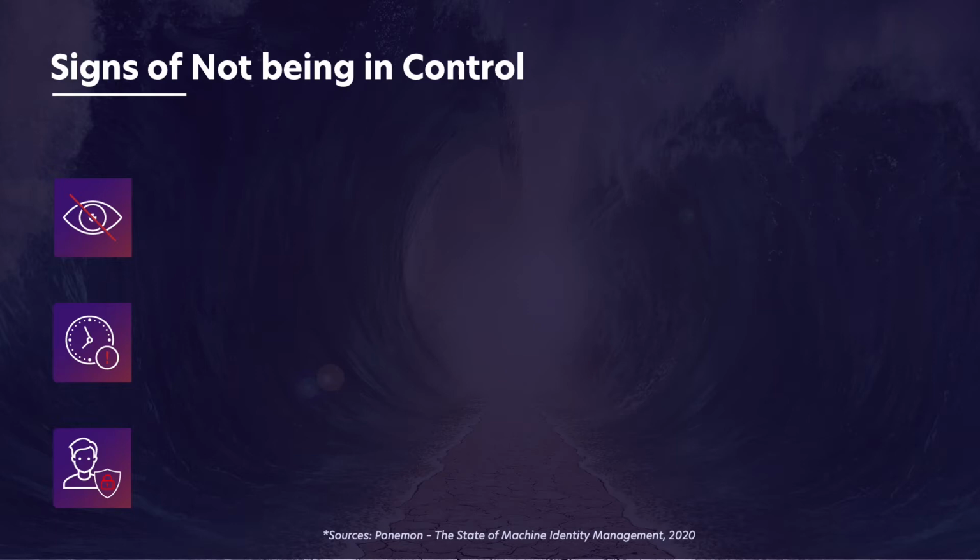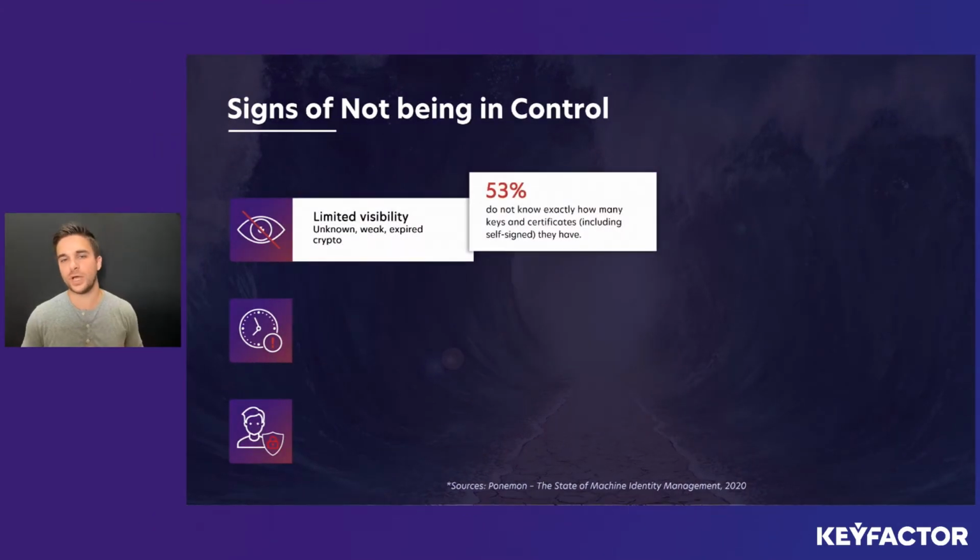And these go back to that life cycle that we had talked about earlier around what it takes to actually get full lifecycle management of these certificates under control. The first one is you have this limited visibility. Based off the data we collect from surveys and conversations we have with customers today, 53% say they don't know how many keys or certificates they actually have, including self-signed certificates.